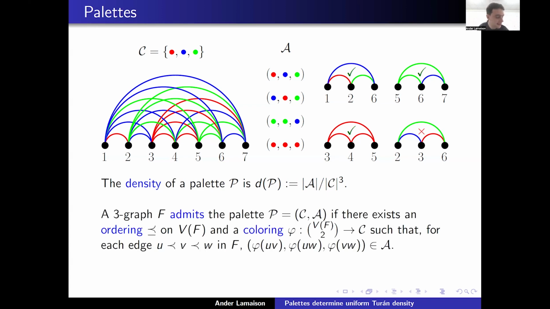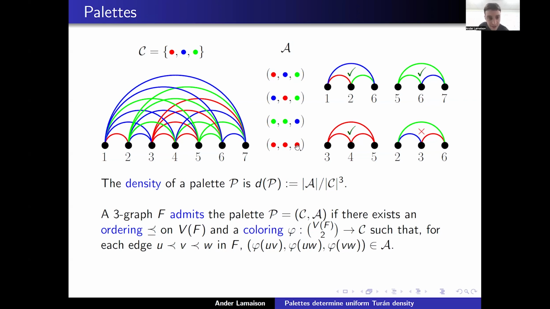So let's give an explicit way of describing this situation. We are going to say that a 3-graph F admits the palette P if there exists an ordering of the vertices of F and a coloring of the pairs of F in such a way that every edge of F induces an ordered triple of colors that lies precisely on the list of admissible triples.